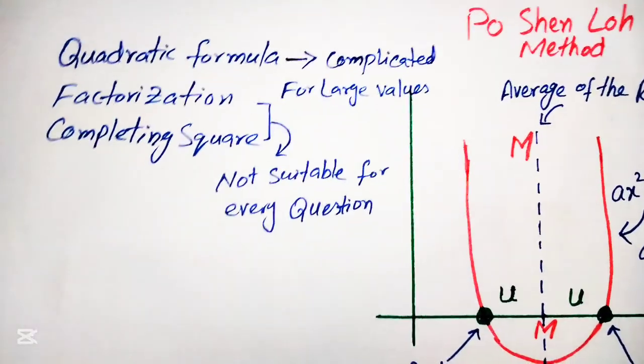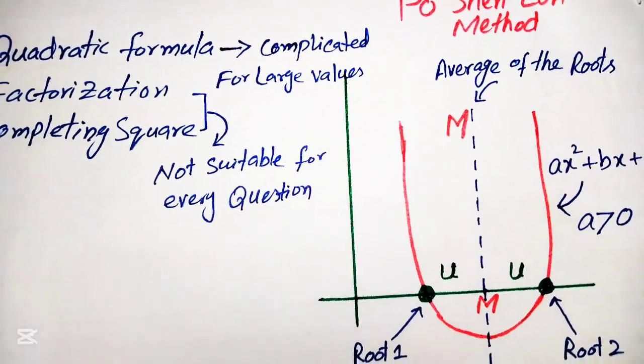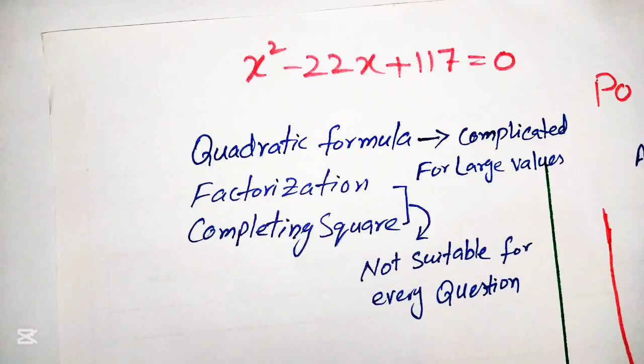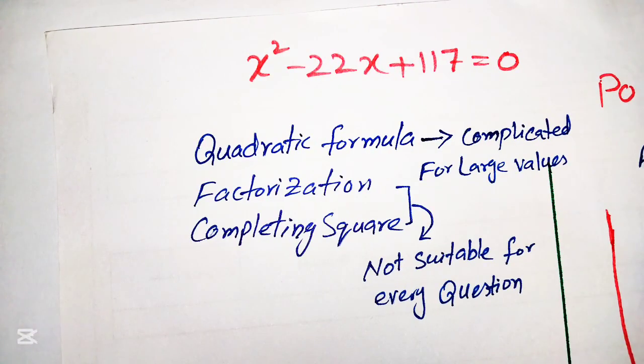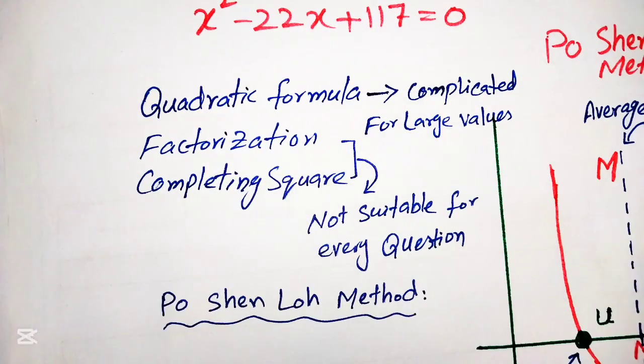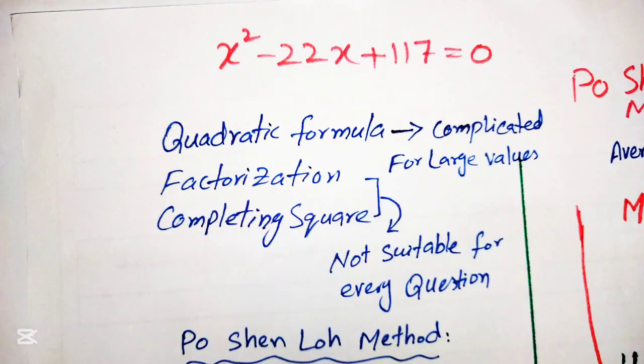This is the introduction of the Po Shen Loh method, and now we will apply this method to find the roots of this equation. For this purpose, from this equation we have a is equal to 1, that is the coefficient of x square.